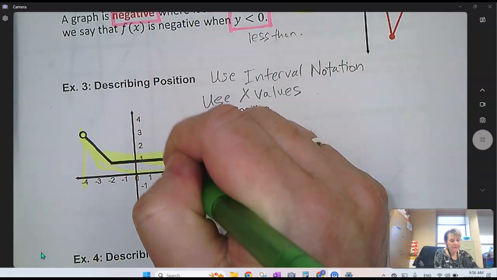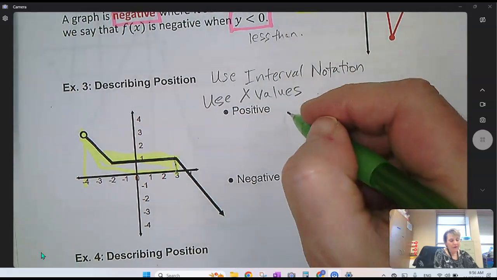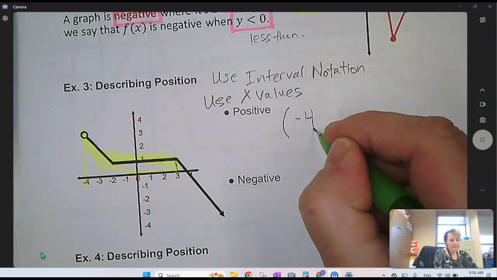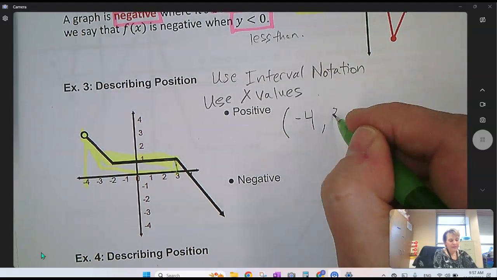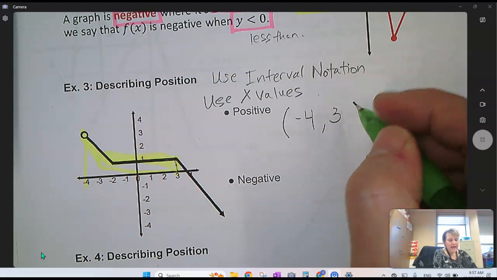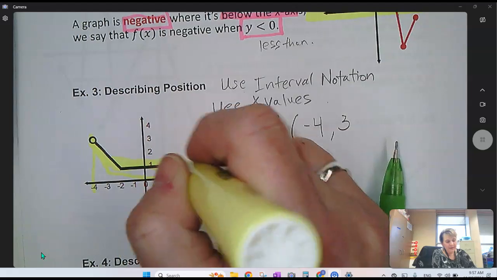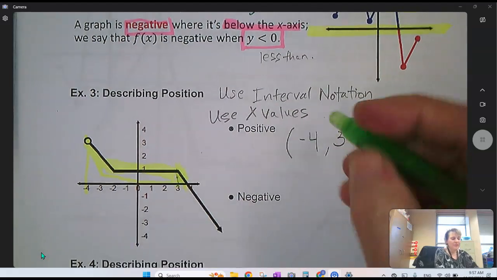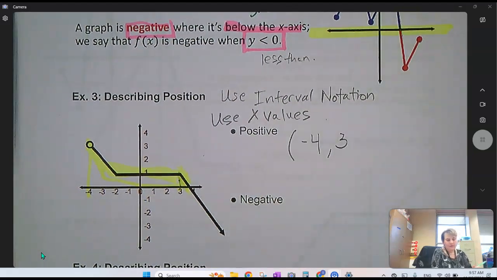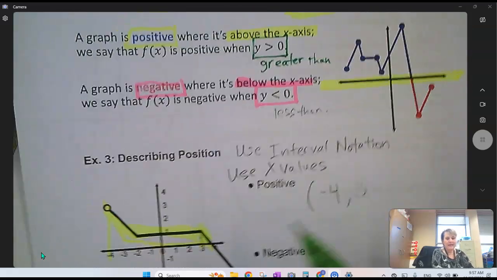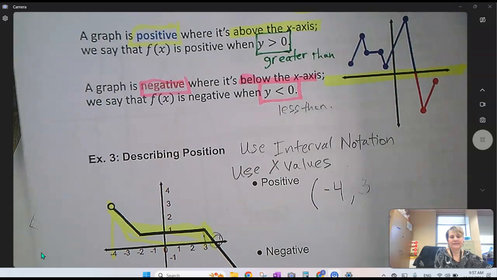So we're going to write open -4, comma, 3, no, sorry, I'm writing that wrong. What is this value right here? Maybe 4? Did you say 4? Okay, so we're going to say from -4 to 4, where it actually hits the x-axis.